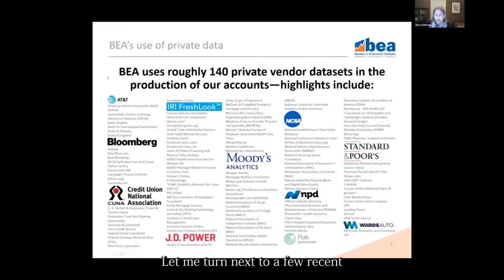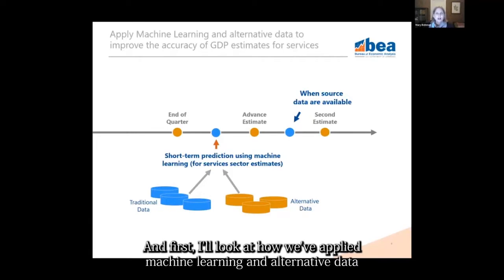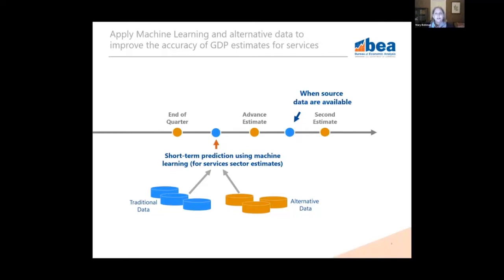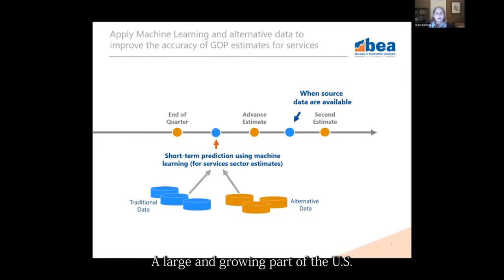Let me turn next to a few recent examples, and I'll start with using data science to improve the accuracy and timeliness of our statistics. And first, I'll look at how we've applied machine learning and alternative data to improve the accuracy of quarterly GDP estimates for services, a large and growing part of the US economy.